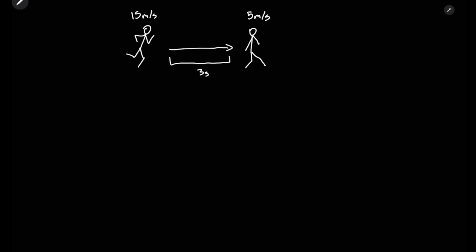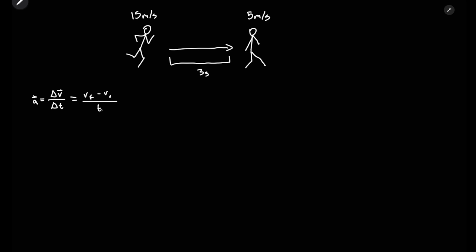Now, how are we going to calculate this? We use the same formula. Acceleration equals change in velocity over change in time. Vf minus Vi. Be sure to show your work when you're doing these calculations.